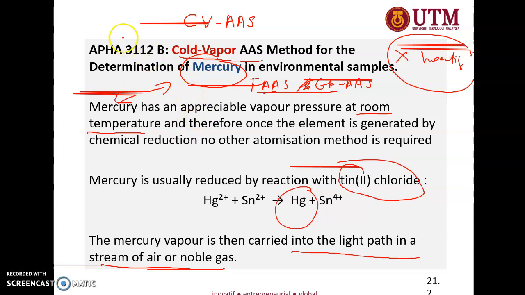This is also stipulated in the APHA 3112B method, meaning that you have to use cold vapor AAS only for mercury, unless a new standard method comes in to enhance the efficiency, such as using ICP-MS.